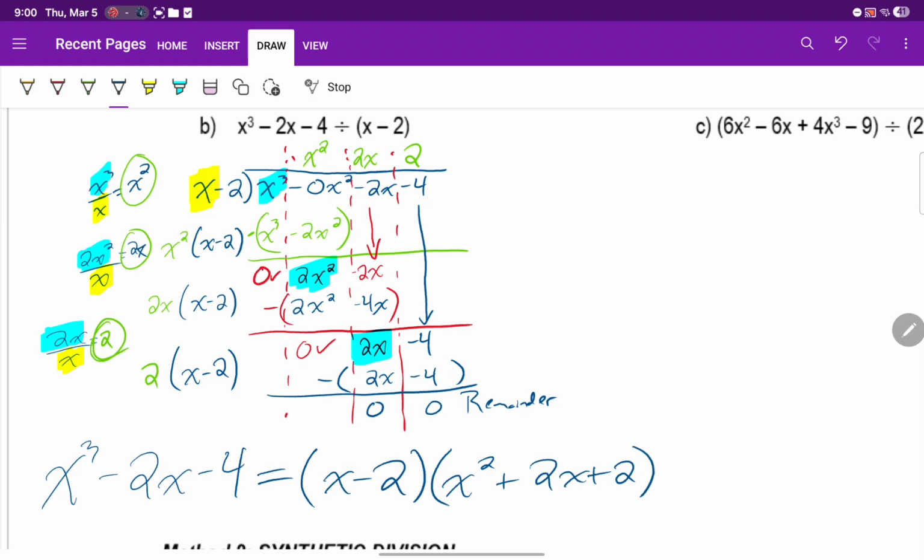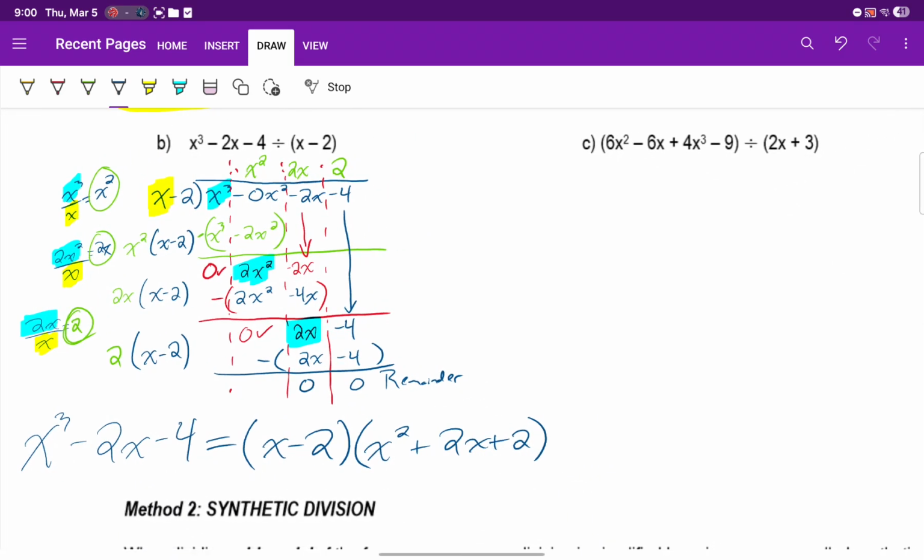If you multiply that out, you will get x cubed minus 2x minus 4. Now, because we got no remainder, these are factors of x cubed minus 2x minus 4. So what we've just done is partially factor that polynomial.